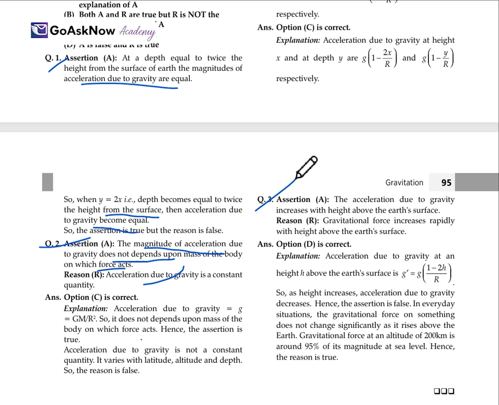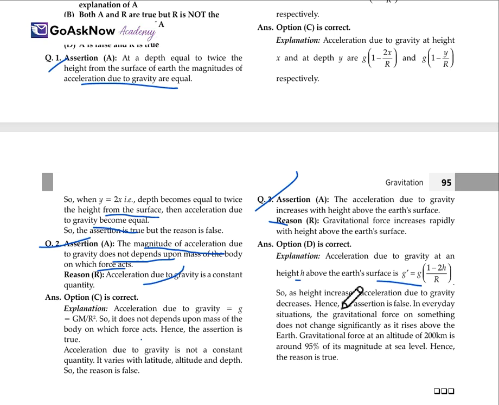Again, one more. The assertion is that the acceleration due to gravity increases with height above the surface. And the reason is that the gravitational force increases rapidly with height above the surface. So the acceleration due to gravity at a height h above the surface, g dash, is equal to g(1 minus 2h upon R).